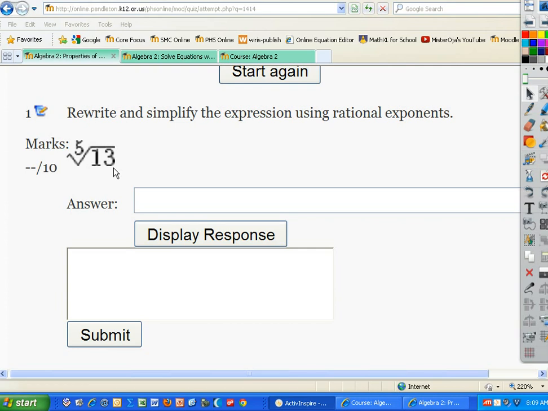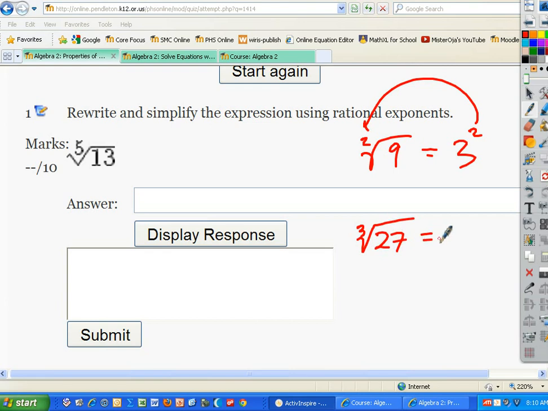Square root, we know that the square root of 9, and really there's an invisible 2 there that we just don't write, is what? 3. Because 3 squared is 9, right? And by extension, we know that the cube root of 27 is what? 3.